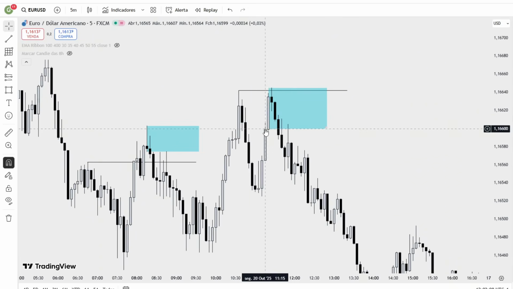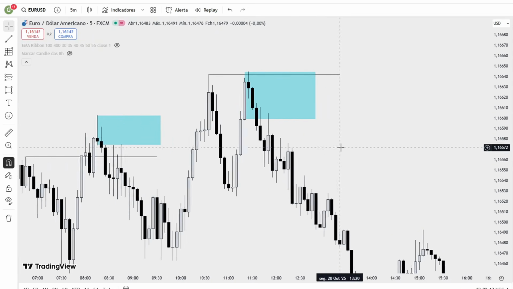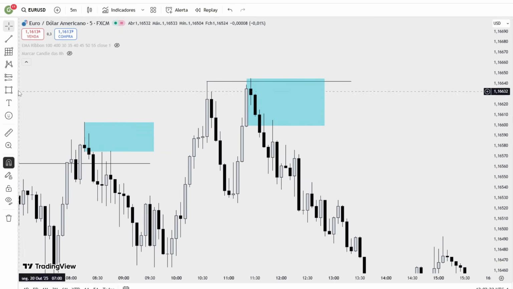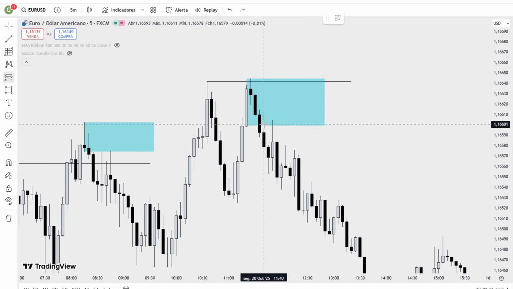If it's a bullish order block, you expect the candle to close above. If it's bearish, you expect it to close below. It's simple.